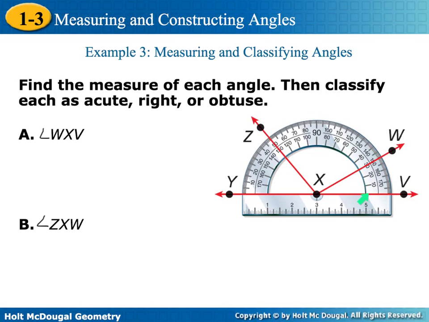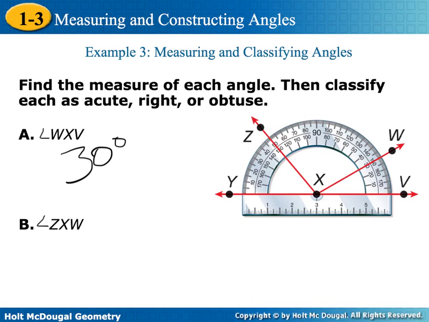Notice this one goes from 0 starting on the right side. If I started over here, I would use the outside and count by zeros. So since I'm measuring this angle, I don't stop here at 150. It wouldn't make sense to say this is a 150 degree angle. So I start at 0 since I'm coming from this side, and I stop at 30. So angle WXV is 30 degrees.